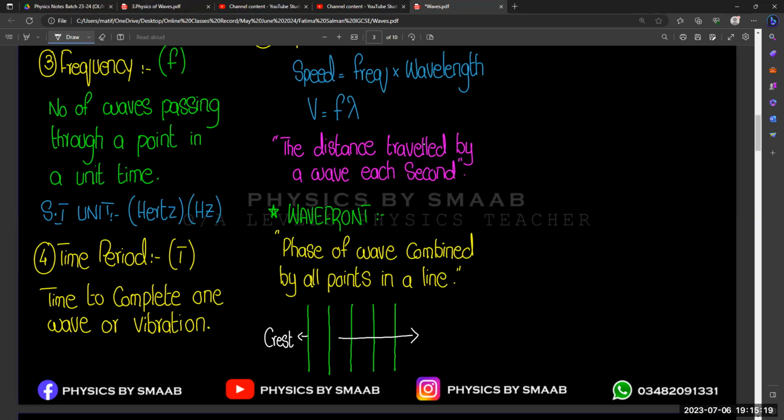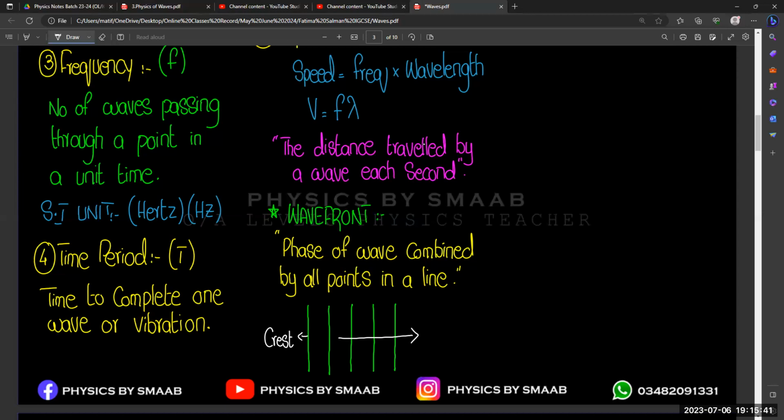Now let's try to solve some basic questions related to the types of wave and the speed of a wave. Then we will continue with the new concept, right? Let me show you some questions, because it is very important to check whether you have understood the concept or not.